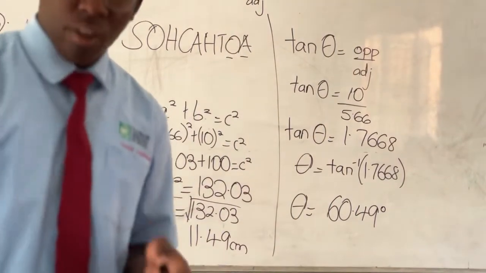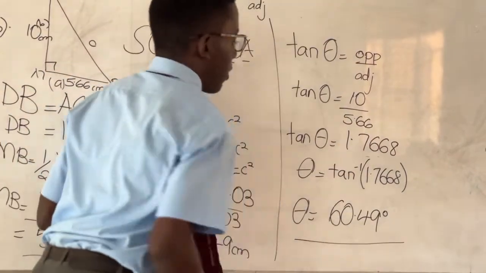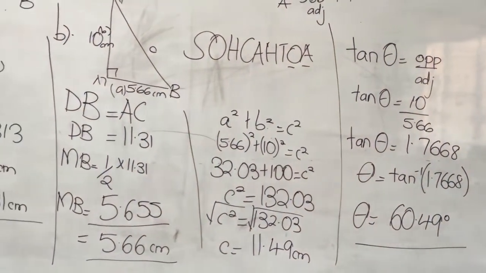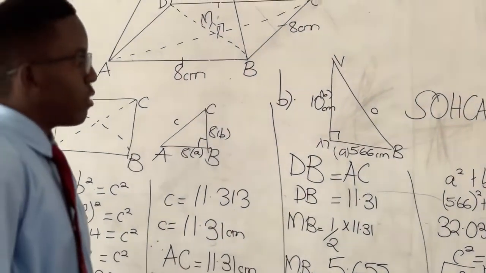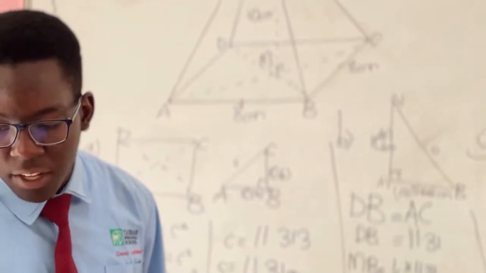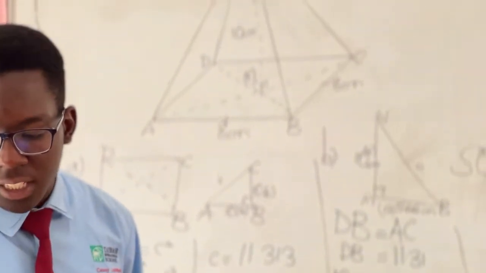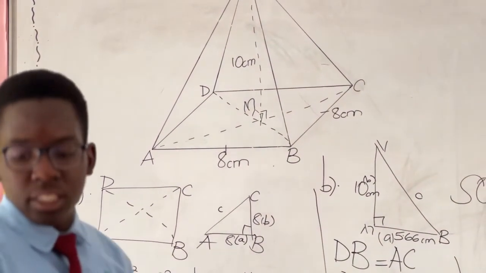That is already rounded off. So our theta, this angle VA next to our base, is 60.49 degrees, and then the angle between planes VBC and VAD.